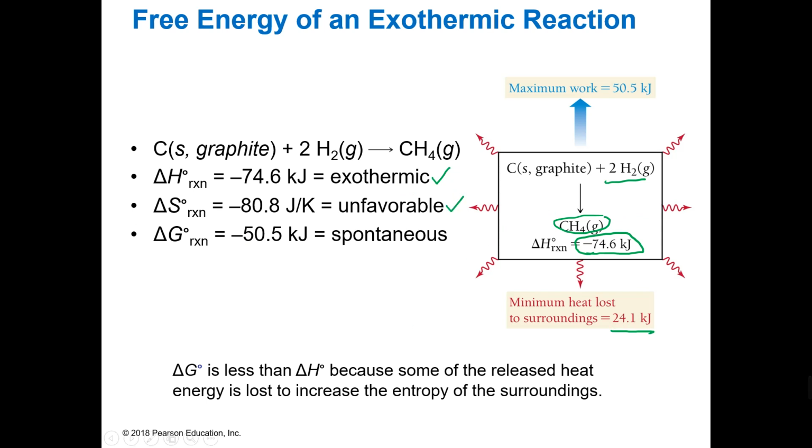However, when we combine the two, our delta H and delta S times whatever temperature this is at, we find that the overall delta G is negative, that means that overall it is spontaneous. So graphite with hydrogen gas will go ahead and form methane relatively easily.